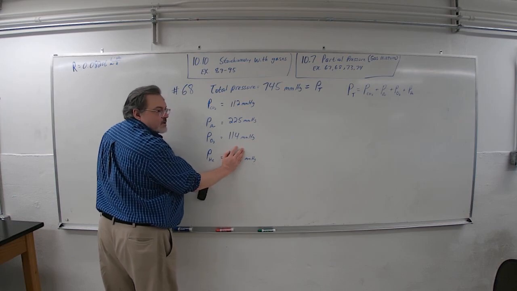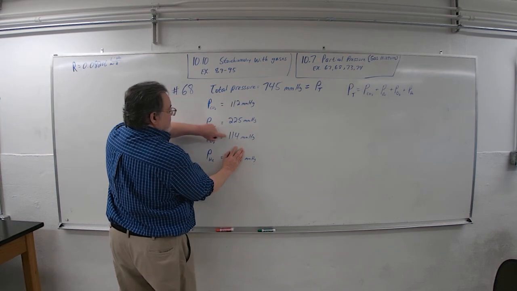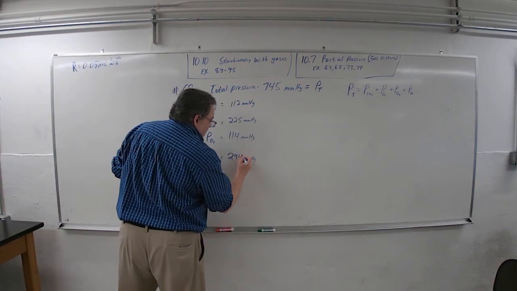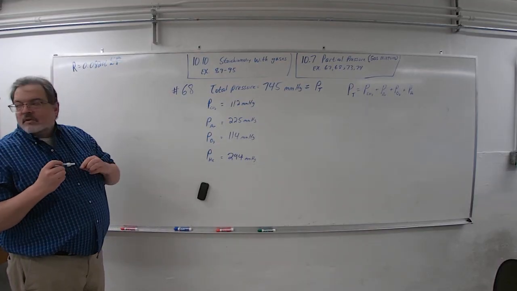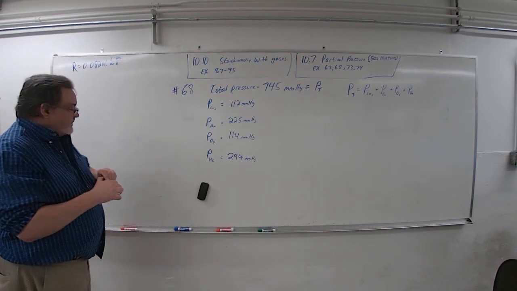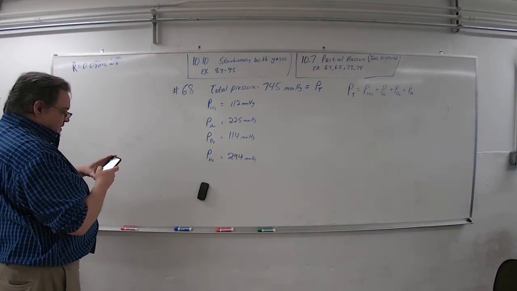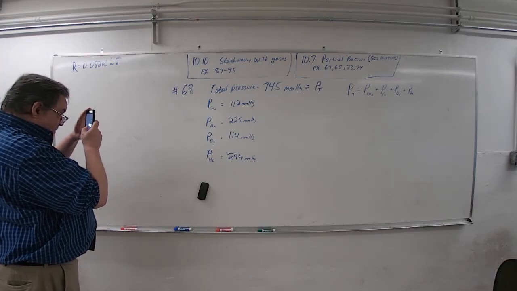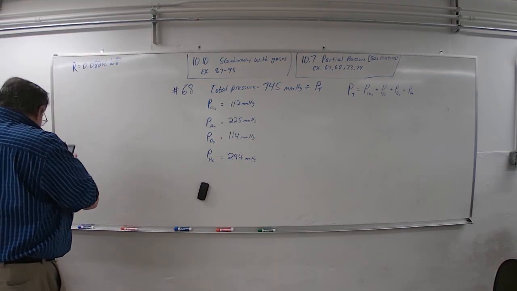Tell me what the partial pressure of helium is. All I did is take 745 and subtract. That's what was left. So that's how I got the partial pressure of helium. Make sense? Partial pressure sounds complicated, but it's a pretty simple concept. But it asks you the partial pressure of helium, and it says, what is the mass of helium gas?